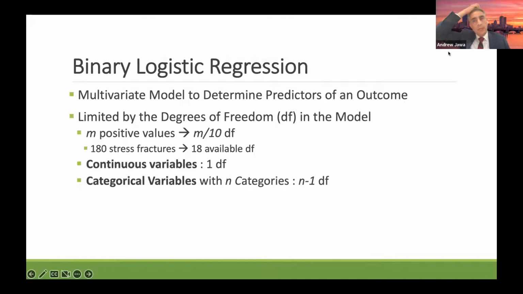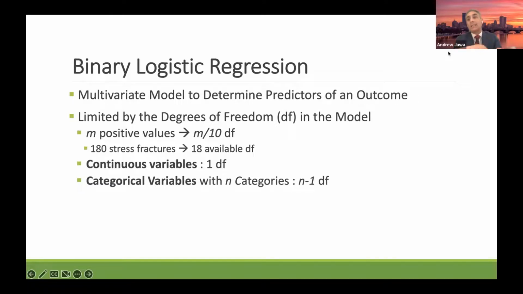The problem is, according to Warren and people who know about stats, you need to have 10 cases in a case control to put 1 degree of freedom in your analysis. For instance, if you had 10 stress fractures, you could look at age, a continuous variable. If you had 20, you could look at age and gender, for instance.